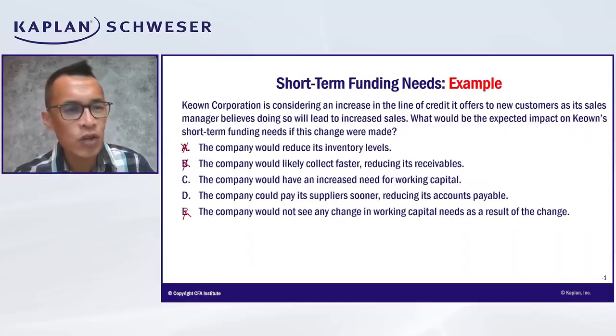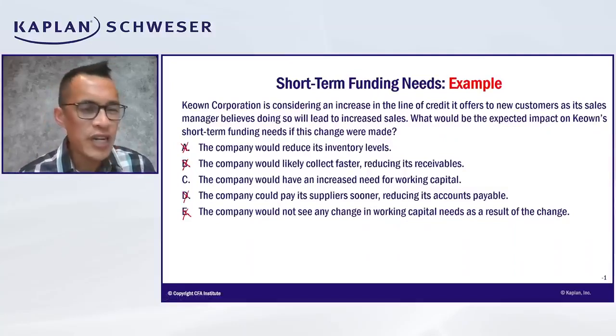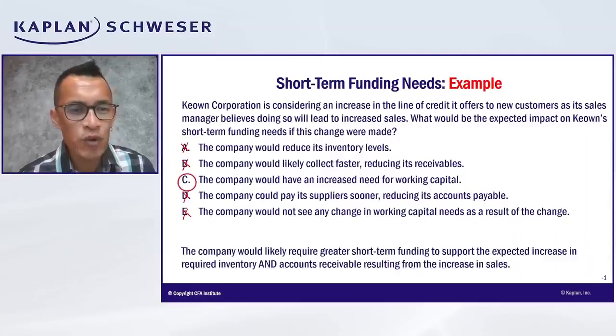And then also choice D is completely irrelevant. So you could then pick choice C, that there is an increased need for working capital, which would be the inventory and accounts receivable, and C makes sense as the best answer.